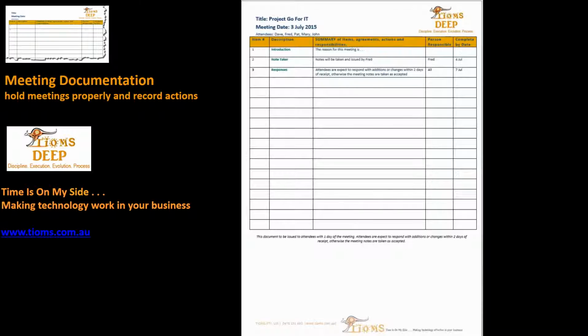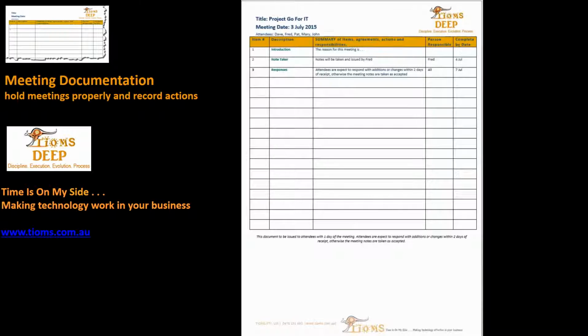If you haven't got a copy of Microsoft Office, you can download OpenOffice for free, and that will allow you to access these documents. So this document is very straightforward, very simple to use, and can be used as the agenda for the meeting, and also to record the things that go on and who's responsible for them.